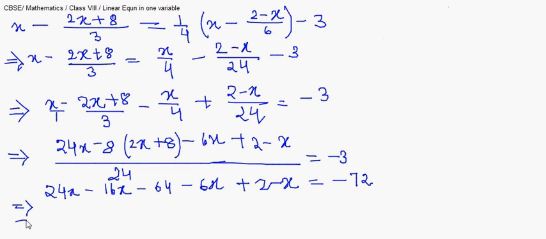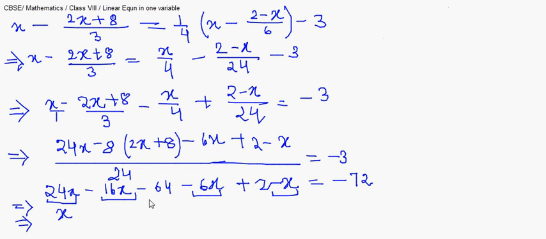Now on this side, if I carry all the like terms, it becomes 24x minus 16x minus 6x and minus x. Minus 6x minus x is minus 7x, minus 7x minus 16x is minus 23x. So 24x minus 23x gives us only x.